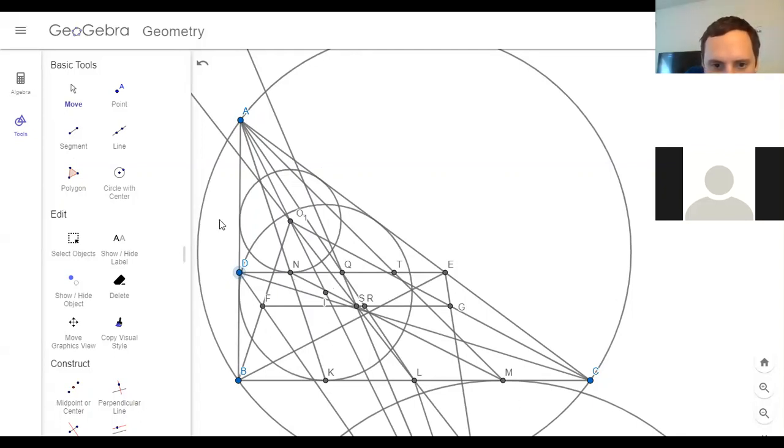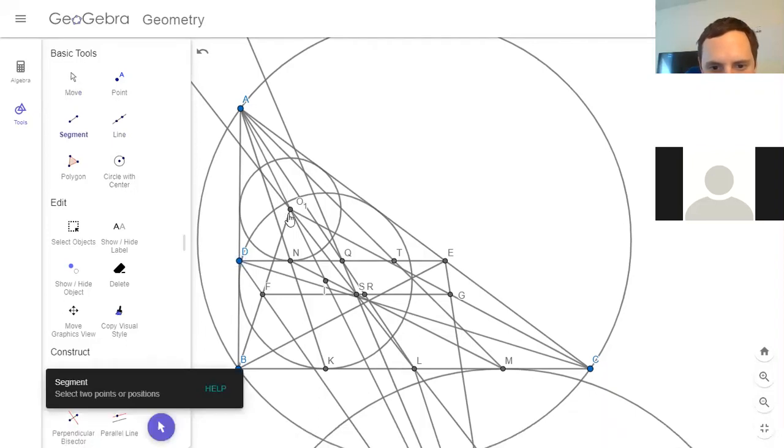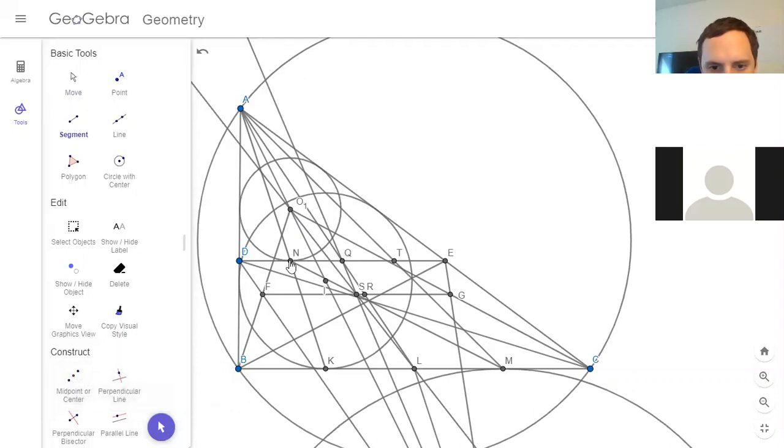And so I think that means that MN passes through S. Well, no. ON. I feel like this is really close.